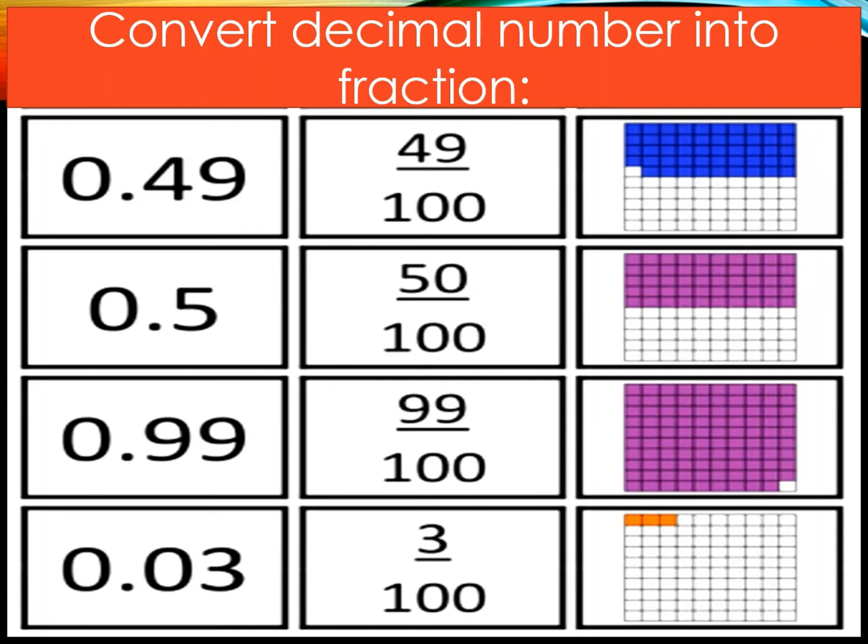If there is one decimal place, then we shall add 1 zero. This is a trick. And if there are 3 decimal places, then we shall add 3 zeros to make the fraction. In this way, we can convert decimals into fractions.